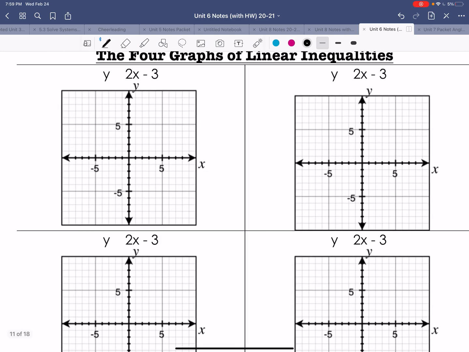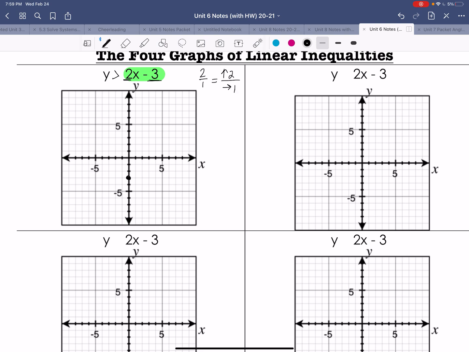So we're going to look at the 4 different types of graphs here. So first we're going to look at y is greater than 2x minus 3. So this portion we're still going to graph the same way. I'm still going to start with that y-intercept of negative 3. And then my slope is a positive 2. So if my slope is a positive 2 over 1, that means I'm going up 2 and to the right 1.